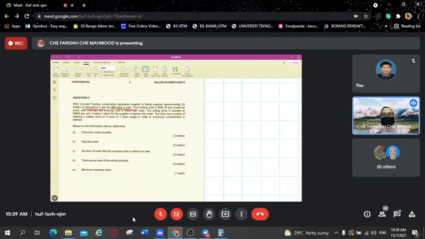This one is 25, and we need to state the unit, 25 units per day.